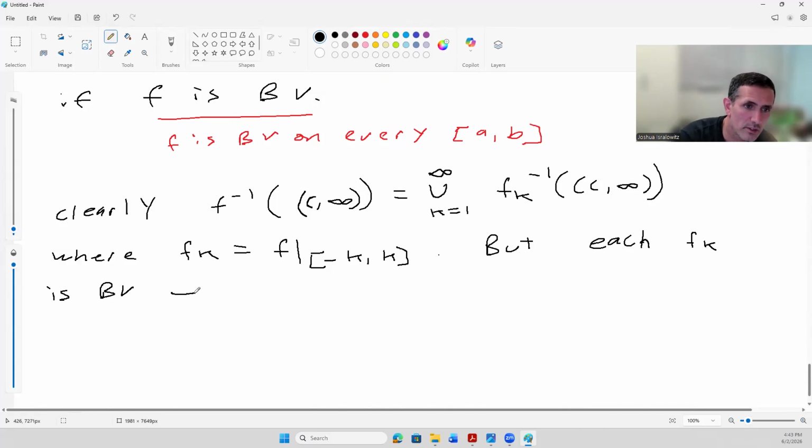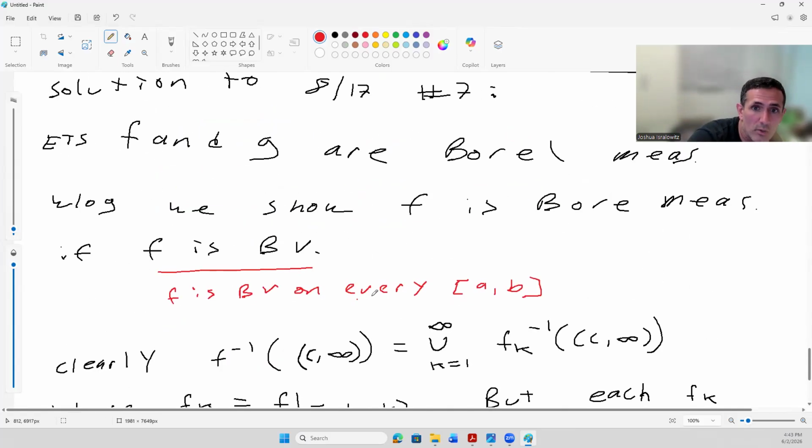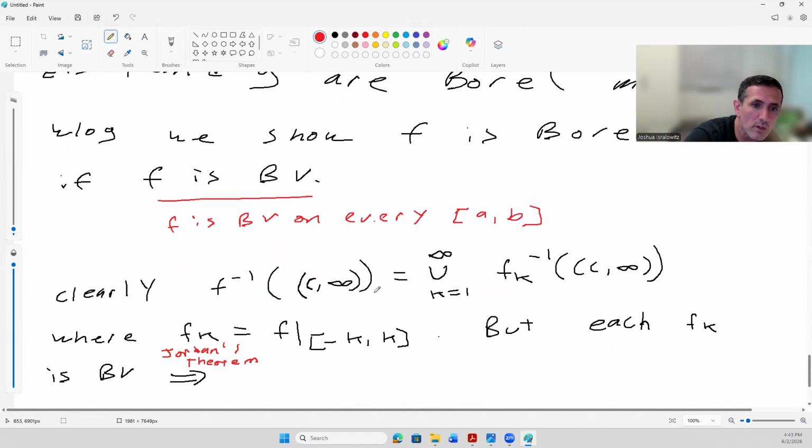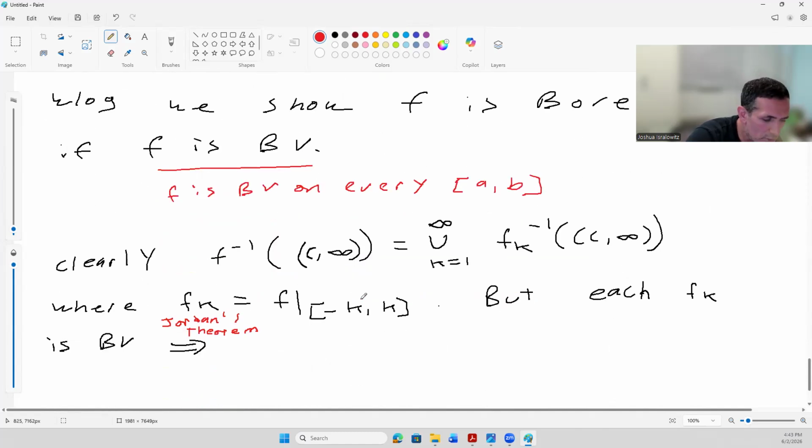So by Jordan's theorem, now, if you do the proof of Jordan's theorem, you need an endpoint to work with. So there is no Jordan's theorem for functions f that are of bounded variation on the real line necessarily.